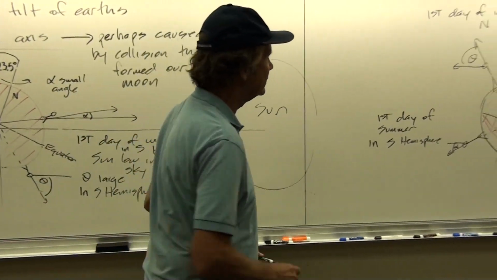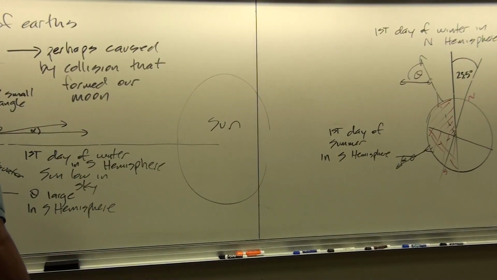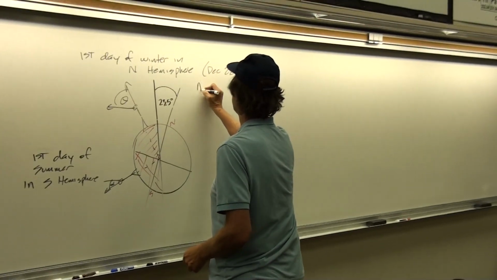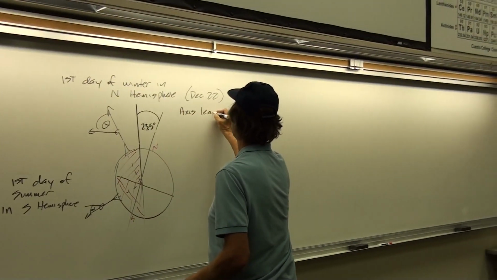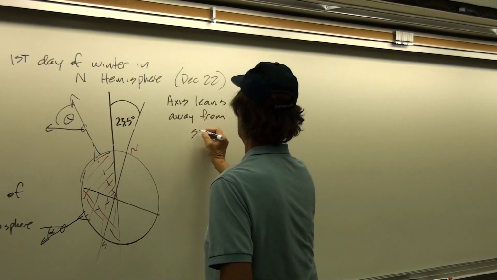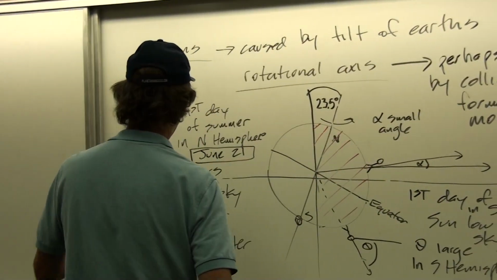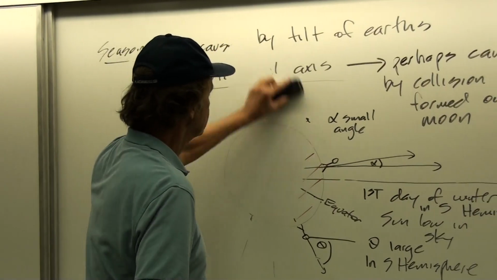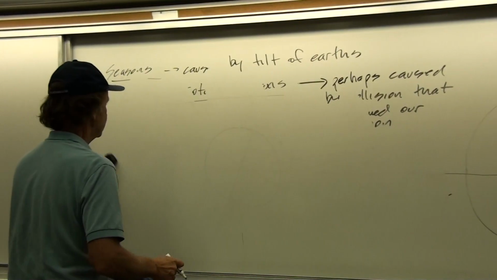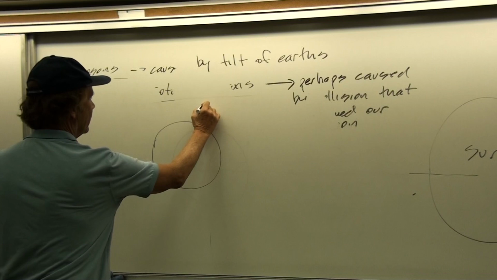When the Earth's axis leans toward the sun, we have summer for us. When it leans away from the sun, we have winter. But in between, we have this kind of a situation where the sun, imagine its rays are coming straight down now on the Earth.